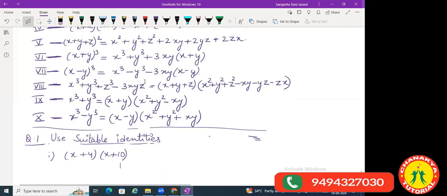So see, just by looking at it, हमें थोड़ा थोड़ा लग रहा है कि x plus a into x plus b, ऐसा फील हो रहा है ना? देखने से ही पता लग रहा है. So that means we will use this identity.